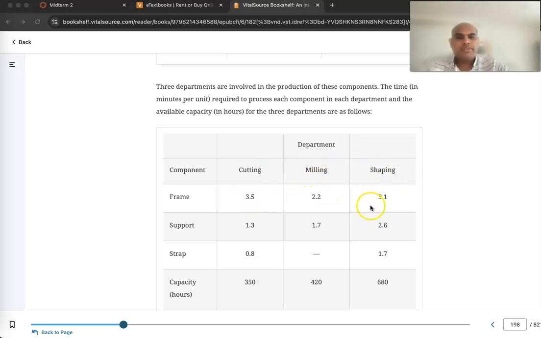This is how many hours it takes to cut a frame, mill a frame and shape a frame, and the same for a support for cutting, milling and shaping, and for straps, cutting, and there's no milling required, just cutting and shaping. And this is the total capacity in hours that are available for cutting, milling and shaping.